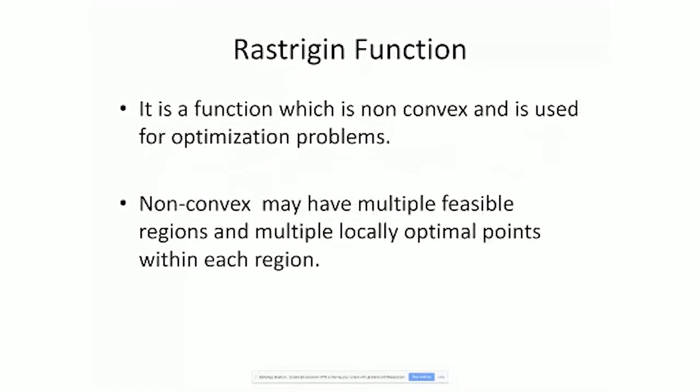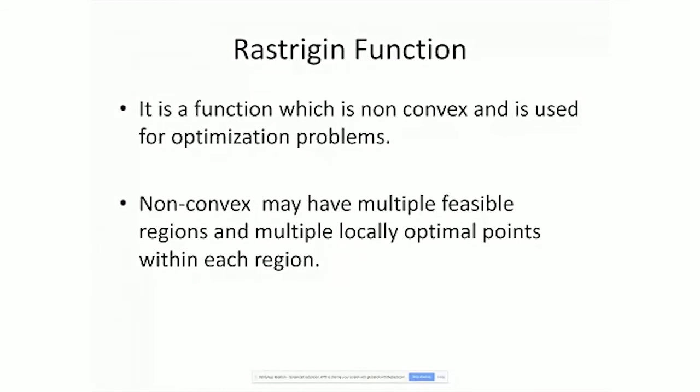Now the Rastrigin function. When we are dealing with swarming, this particular function, known as the Rastrigin function, is a basis for optimization problems. As mentioned, it is a non-convex function used for optimization problems. Why do we call it non-convex?